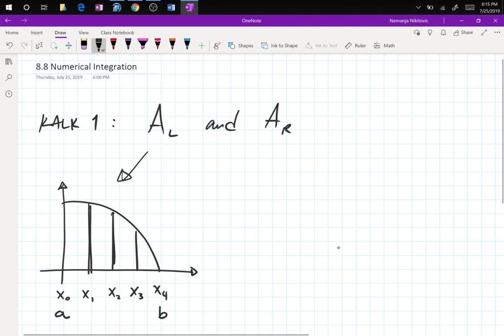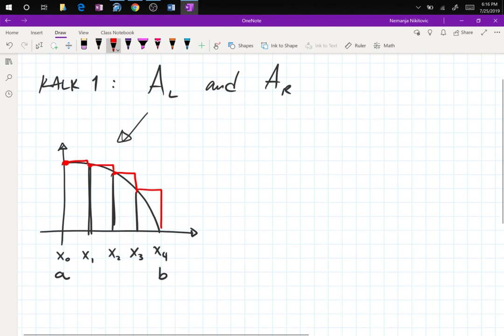If you are using the left sums, you went into the left corner and used the left corner to draw these rectangles and then calculate the area of these rectangles. That was approximating the actual area. So area L was approximately equal to the true area.